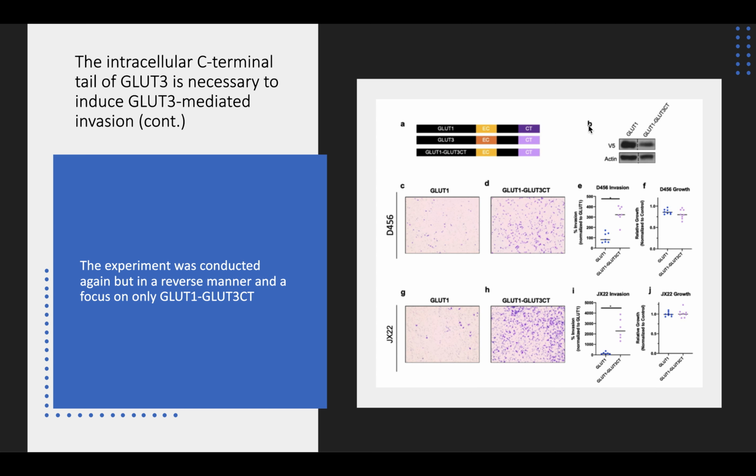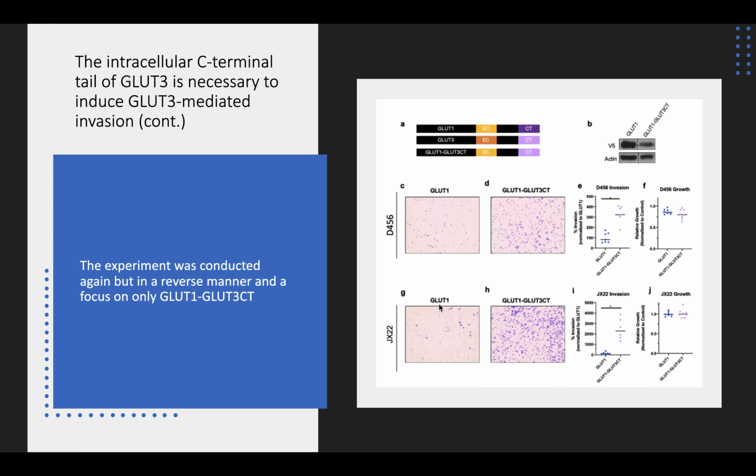And the 4B just shows a confirmation of expression of GLUT1 and GLUT1 GLUT3 CT. In figure 4C, we see GLUT1 as it relates to D456, and in figure 4D, we see GLUT1 GLUT3 CT as it relates to D456. I'm purposefully skipping the E and F. We'll come back to it.